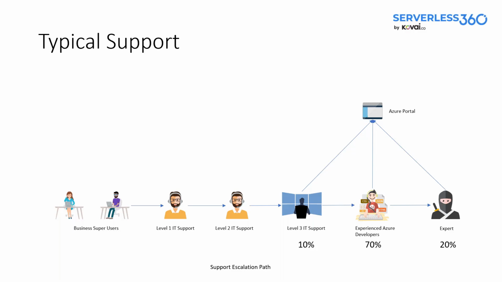If there is an issue, often that gets escalated to level 1 support, level 2 support, level 3 support. And what we tend to find is that it's not until you get the very experienced people that they actually have access to this solution in the Azure portal and are able to do anything with it. Very little support gets done early in the support life cycle by the level 1 and 2 support engineers, and even sometimes level 3.